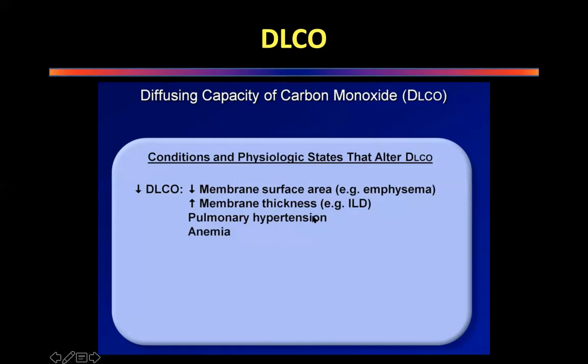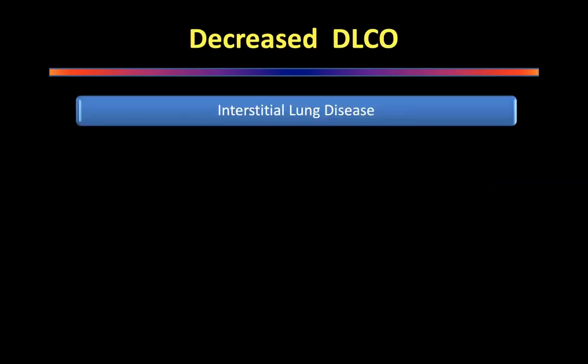Pulmonary hypertension also reduces DLCO by increasing the pressure across that membrane where the perfusion takes place. Hence, the amount of carbon monoxide does not diffuse easily across. And anemia directly affects the DLCO uptake by reducing the number of hemoglobin molecules available for the carbon monoxide to go in.